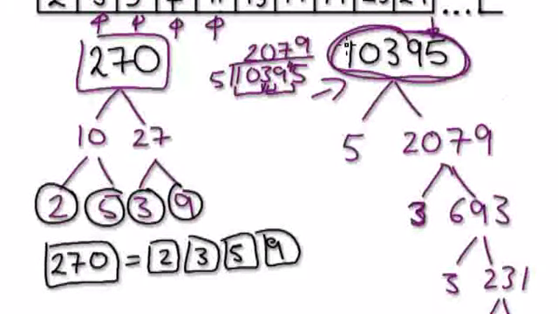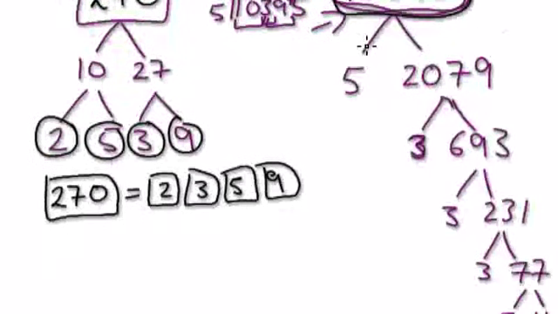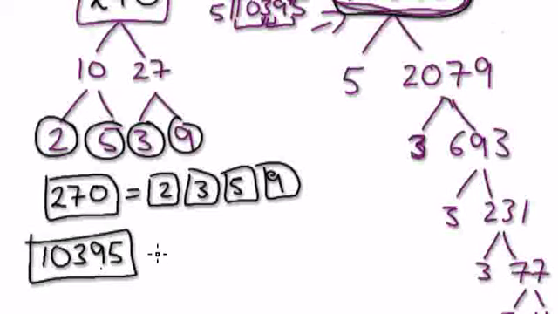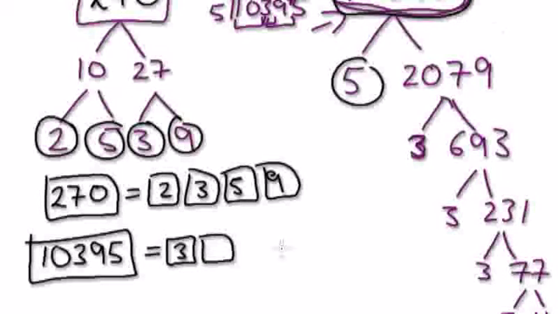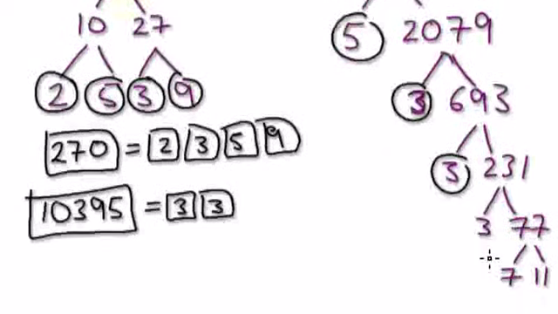Now let's have a look at this number here, 10,395. We can visualize this number as a 3 times a 3 times a 3 again.